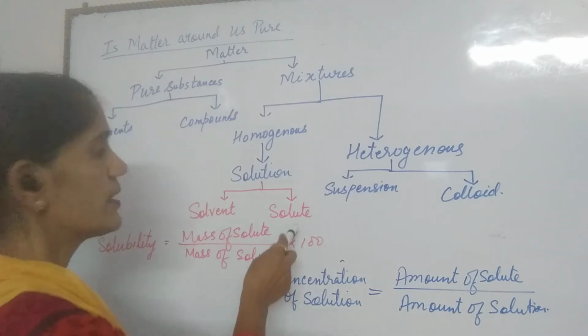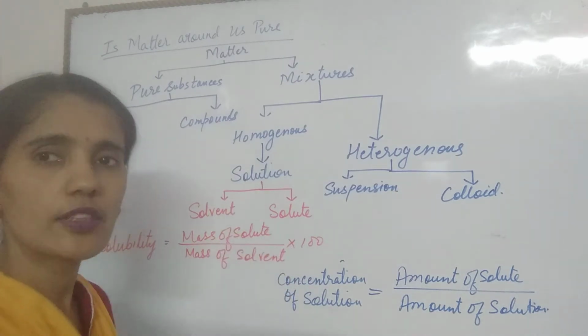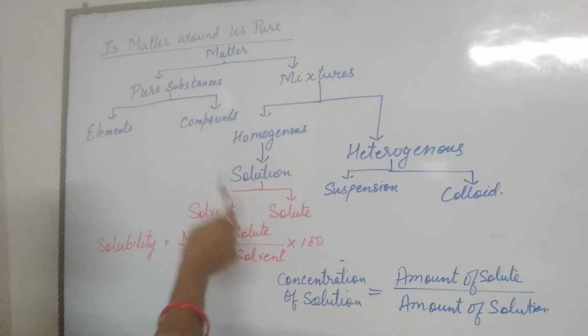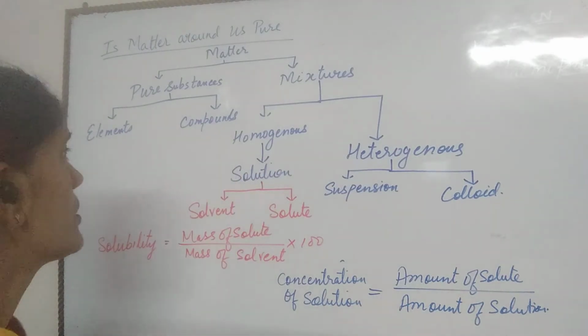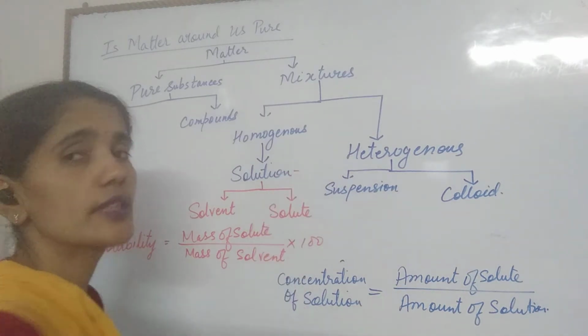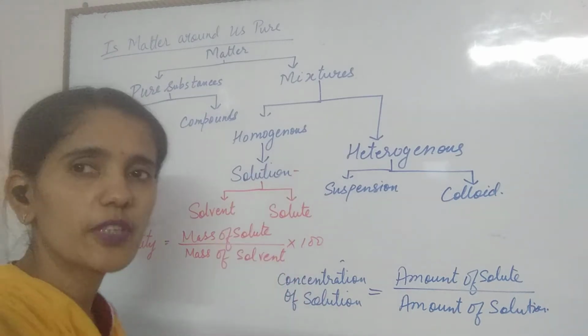Like sugar and water: sugar is solute and water is solvent. So, what is the main feature of solution? See, solution is a homogeneous mixture.